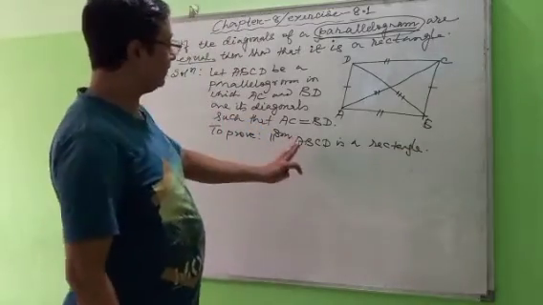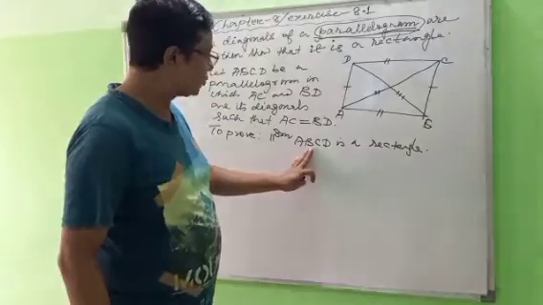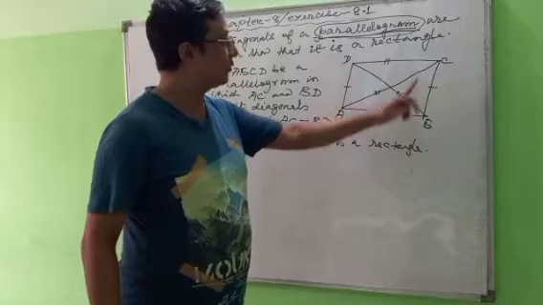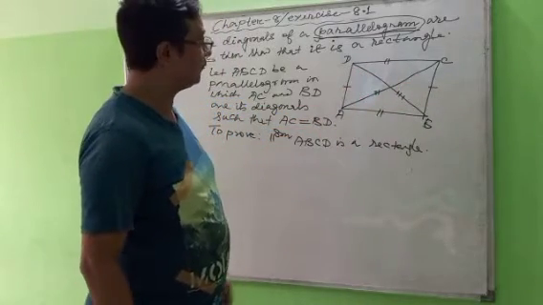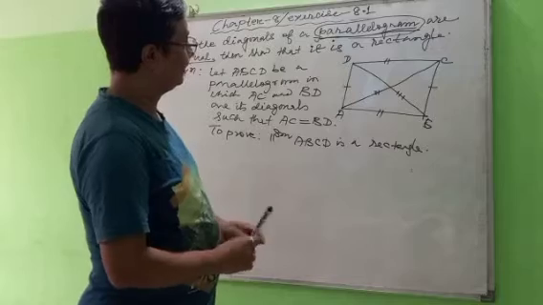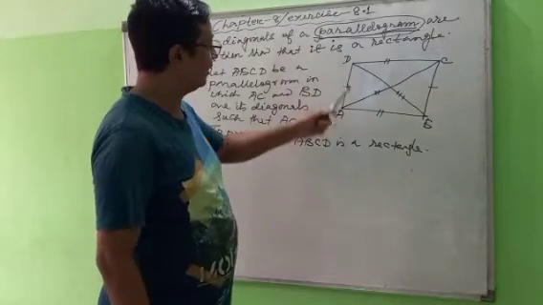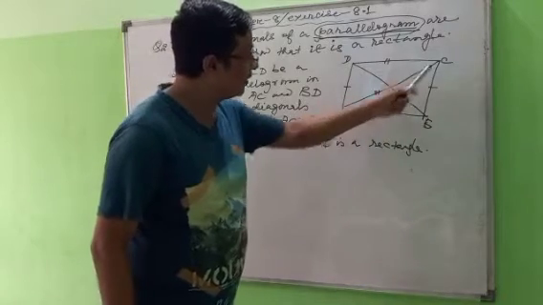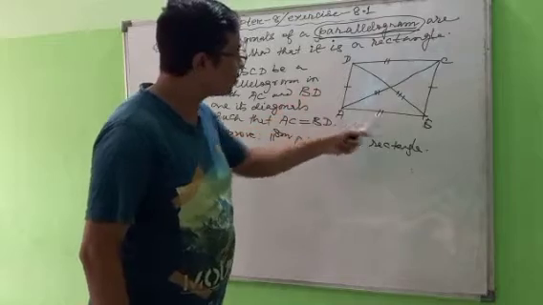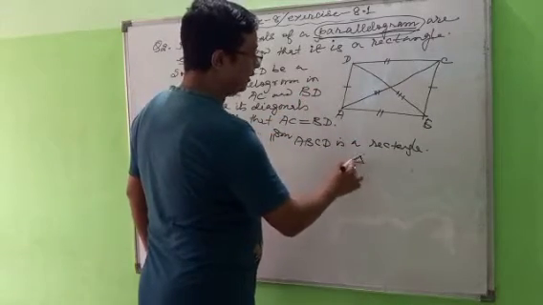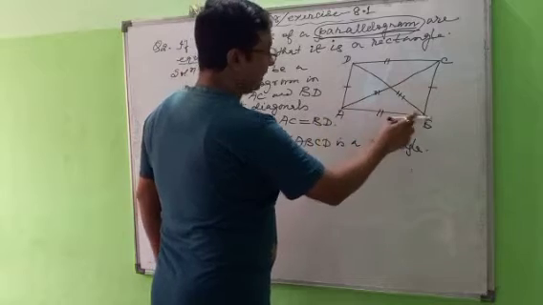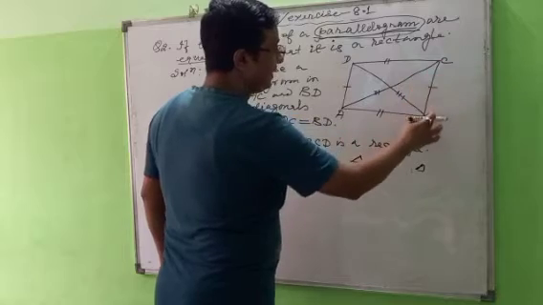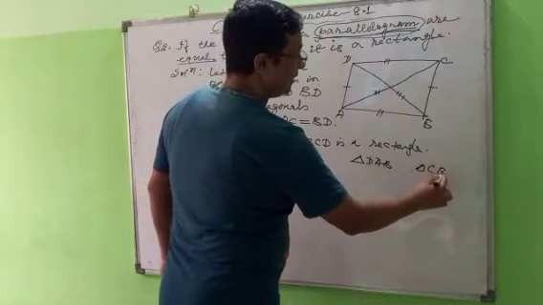To make the given parallelogram ABCD a rectangle, you will have to make either angle A or B or C or D equal to 90 degrees. For this, you will make these two triangles congruent: triangle DAB and triangle CBA.